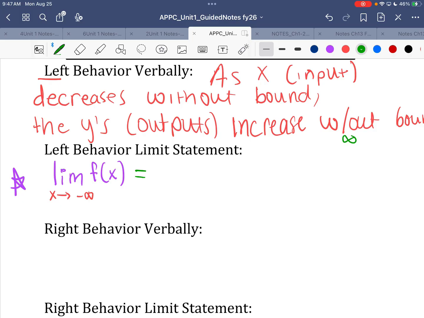So y was going to positive infinity as x was going to negative infinity. You are not saying x arrow negative infinity, y arrow infinity. You have to put it in limit notation for this form. So try to do the right verbal and right limit.